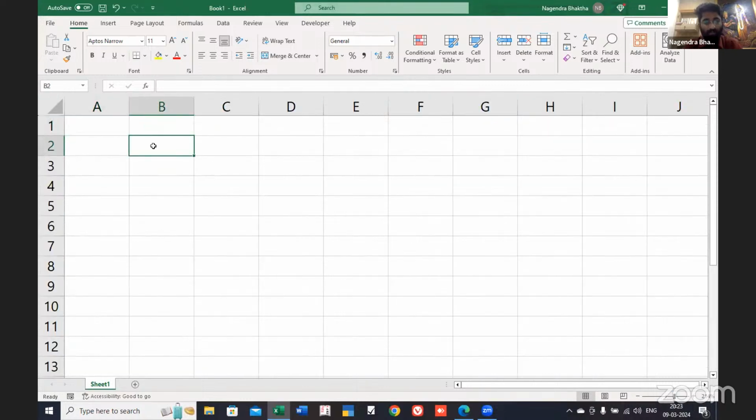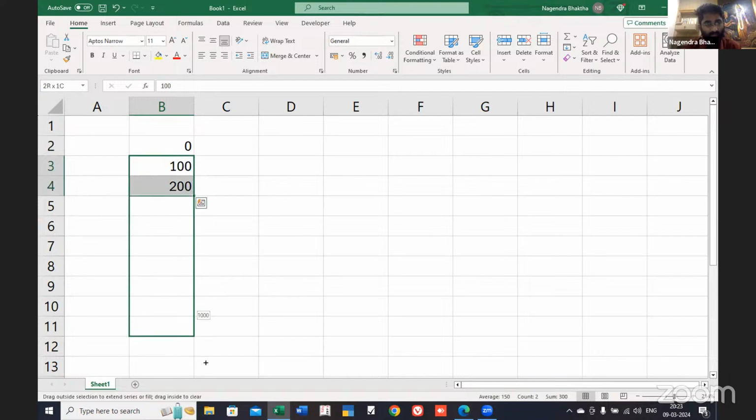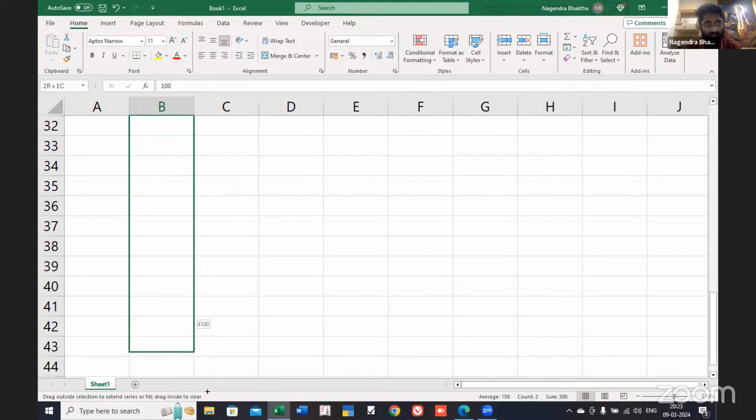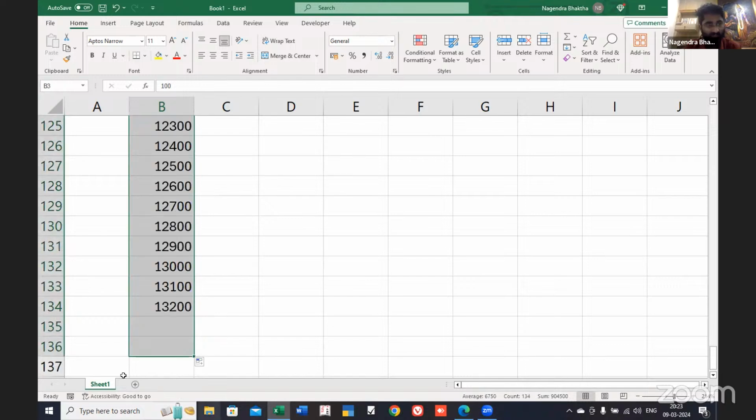What I'll do, I'll start with 0, enter 100, enter 200, enter. Now from here I go on dragging. I'll drag it to n numbers. See, can you see that? It is increasing. I brought it till 13,300, 13,400 like this.